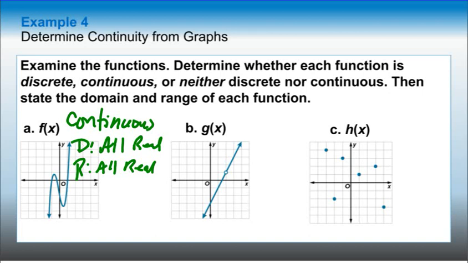Letter B, you can see that there's a hole in our line here. Because there's a hole in there, there's a gap, and the rest is continuous. So this one would be neither.